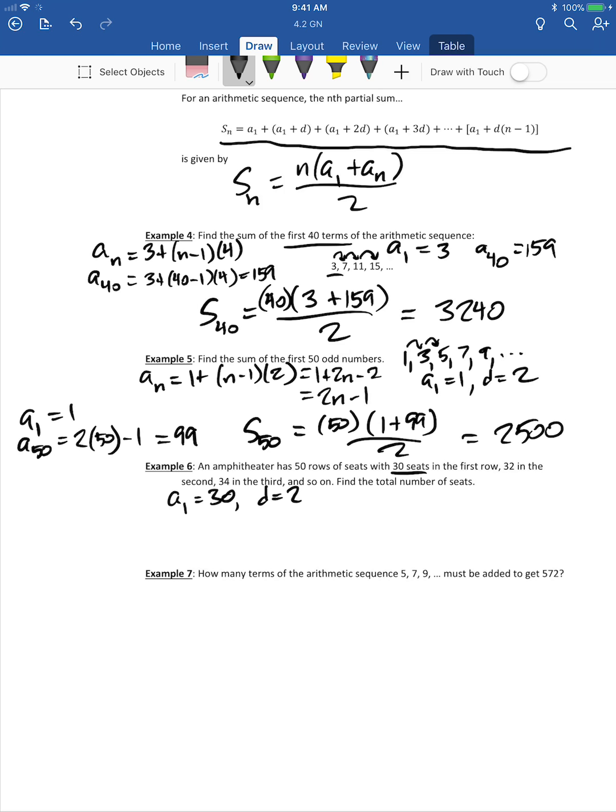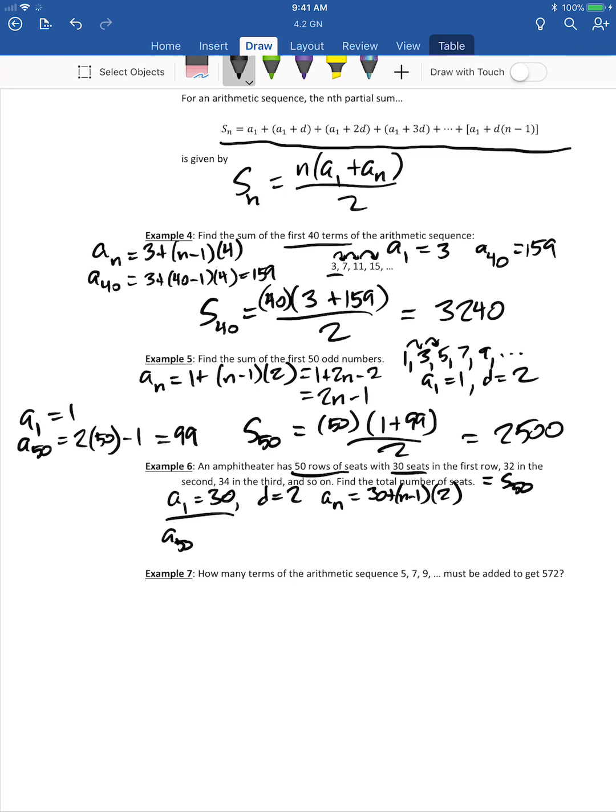That's going to be, well, for 50 rows of seats, the 50th partial sum. So that means I need the first term number, which is 30, but I also need a sub 50, which means I need a sub n, which shouldn't be too difficult. A sub n is 30 plus n minus 1 times 2.